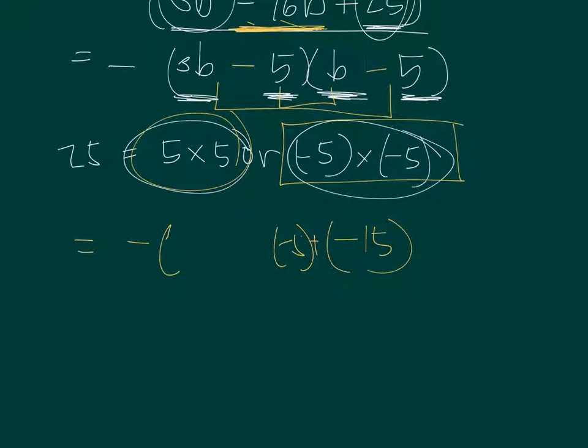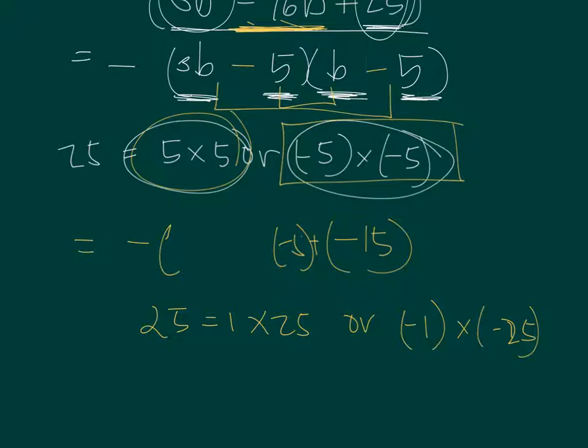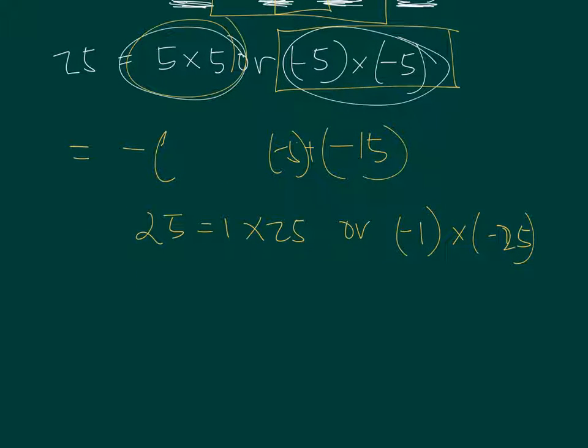When you multiply them, they will give you 25. So 25 can be 1 times 25, or it can be negative 1 times negative 25. Similarly, we're going to try the combinations with the negative sign. So going back to our incomplete factored form, that's 3b and b.